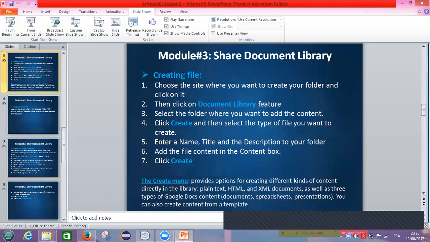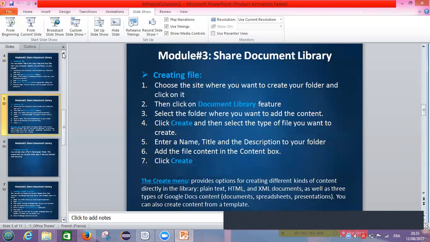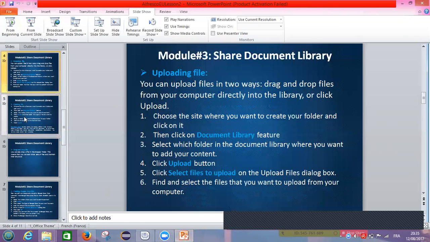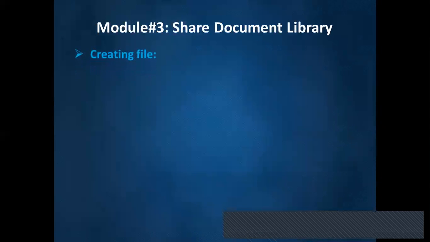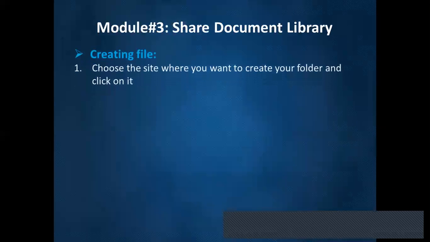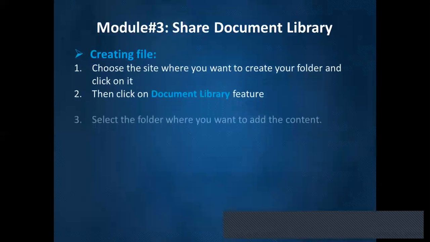Now, creating files. First, we've seen how to upload files. Now, how to create a file. Creating a file: first, choose the site where you want to create your folder or file and click on it. Then click on the Document Library feature.